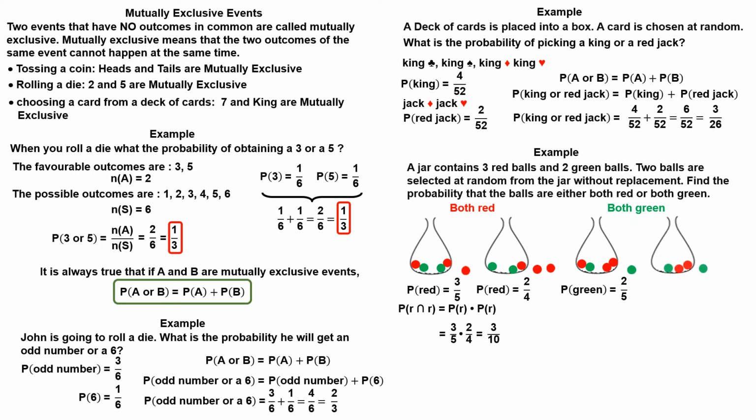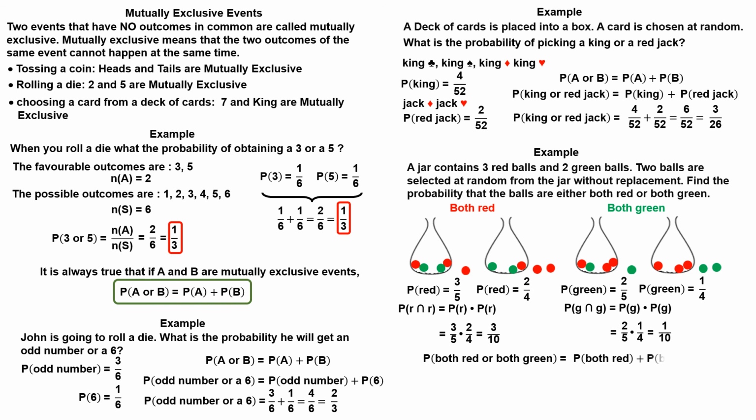The probability of green at the second choice is 1 over 4. The probability of green and green is probability of green times probability of green. 1 over 10.